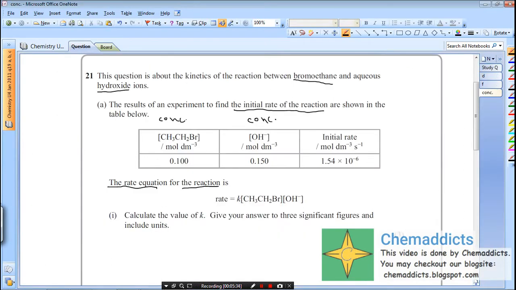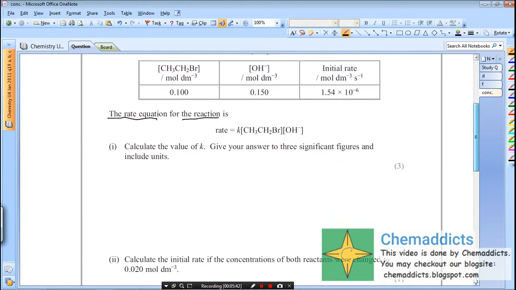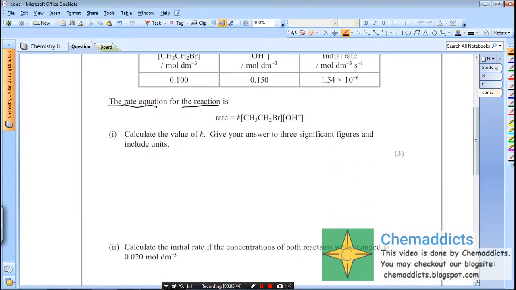Here the rate equation is given for this particular reaction between bromoethene and hydroxide ions. Now they have asked us to find the rate constant, the value of k, where k is the rate constant. Give your answer to three significant figures and units.